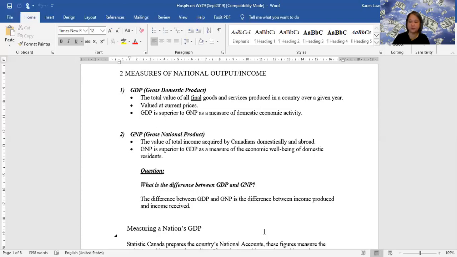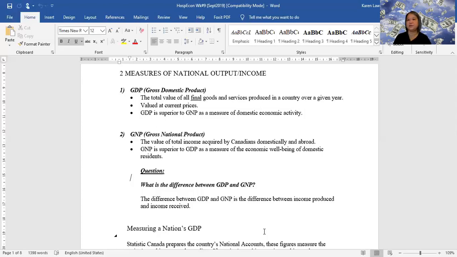So when we talk about final goods, they are goods that are bought and used and never end up being resold. So a good that is made into something and resold is called an intermediate good.